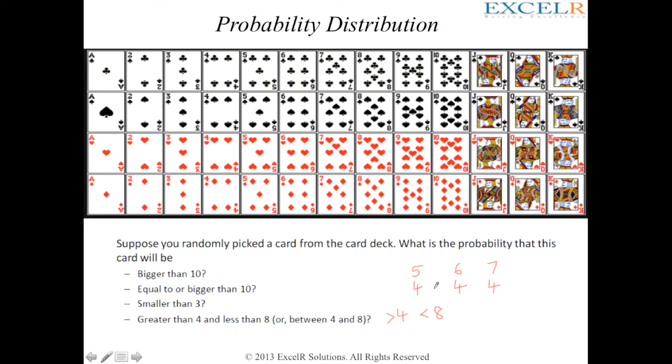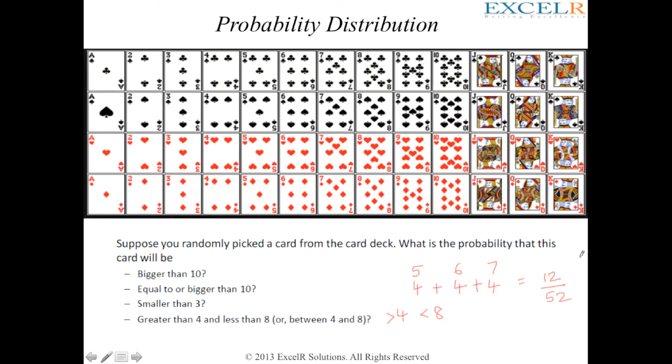So the probability of a card, if it's randomly picked from a fair deck of playing cards, being greater than 4 and less than 8 is equal to total number of possible events, which is 12, out of total cards, which is 12 by 52.